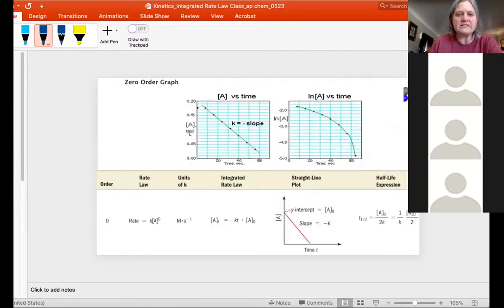This is just a quick example. I say zero order graph here, but ignoring that, say they just gave you these two graphs. The scientist has a reaction they're studying.